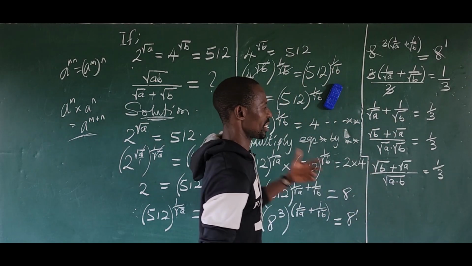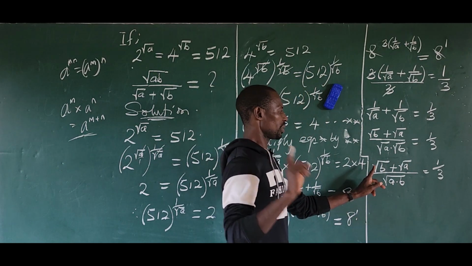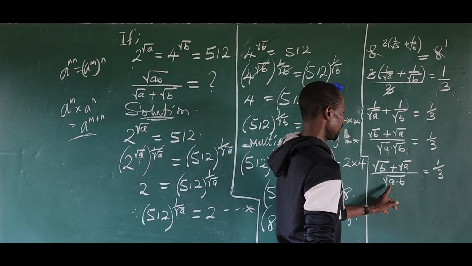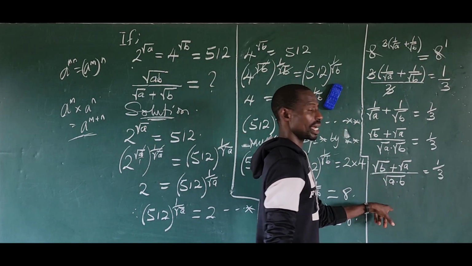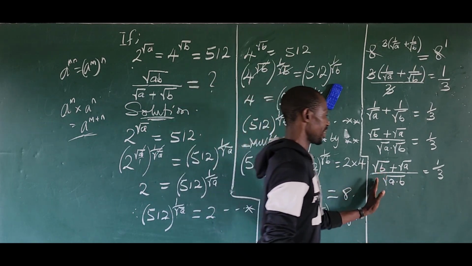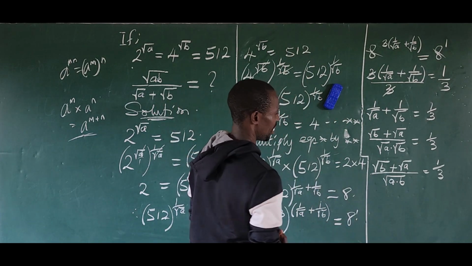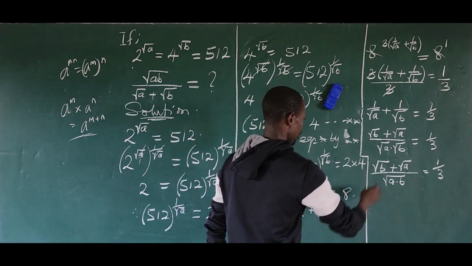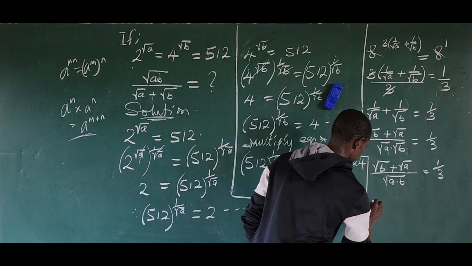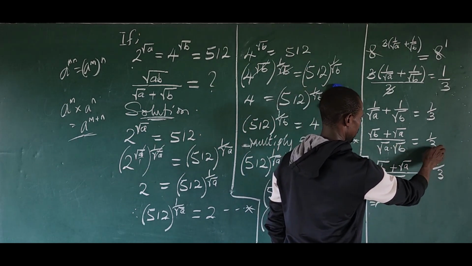What is the difference between this and this? The only difference is that a starts the other one and b is here. Then this is up and everything here is down. So we can twist that by finding the reciprocal of both sides. That will give us whatever we have in here. Right? Good. So this now implies that this goes up, this comes down, and this goes up, this comes down.